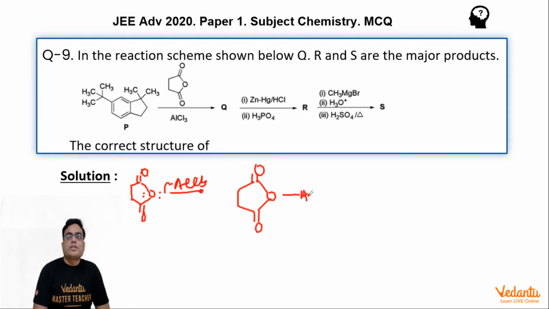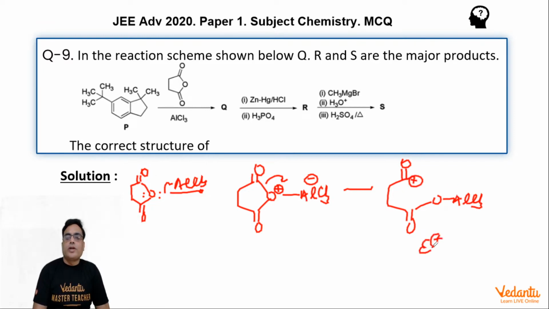AlCl3 coordinates with the oxygen, and this oxygen gets a positive charge. That's why this bond breaks here. And after breaking a bond, this is the generation of the electrophile actually. Now the electrophile is generated. This is the electrophile which will attack on our starting compound.